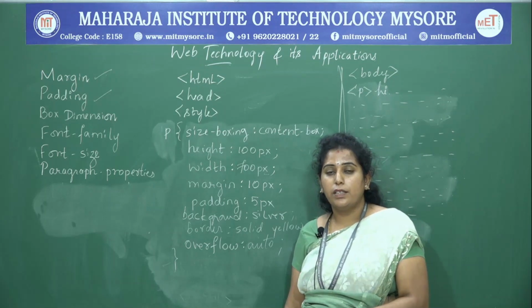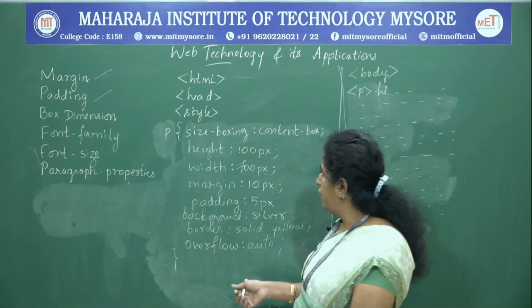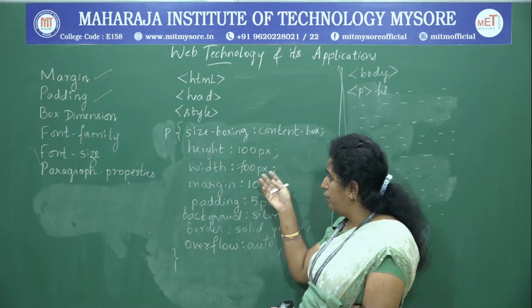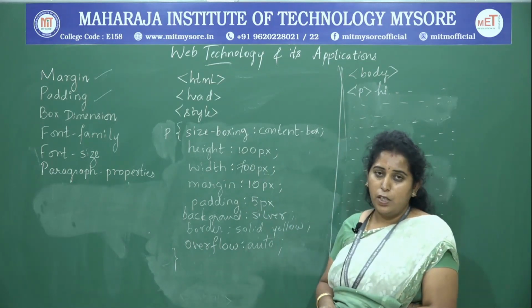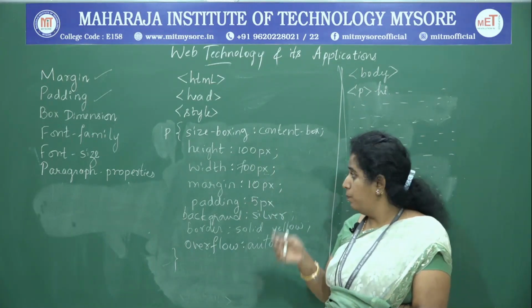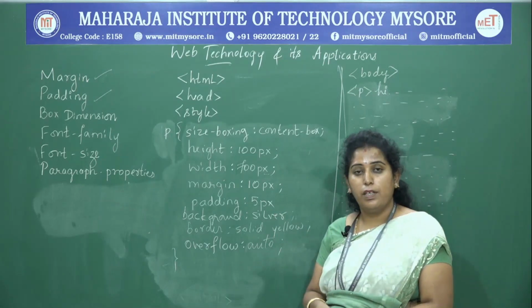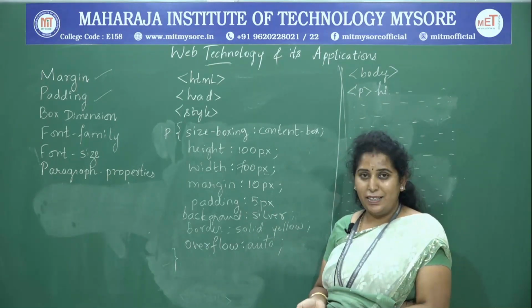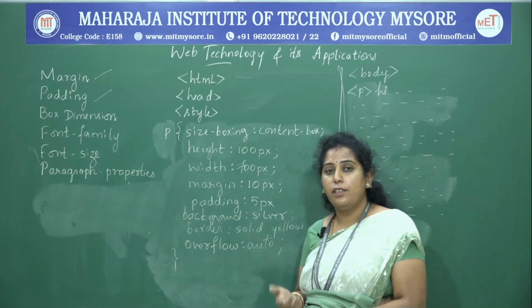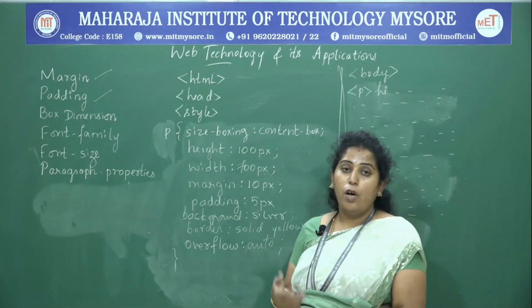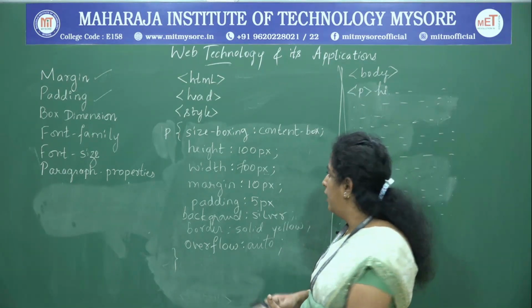Okay, so next is about, you have given the height and width in terms of pixel. So let us change the values to percentage. If I give the height and width in percentage, what difference can you notice? Let us see.